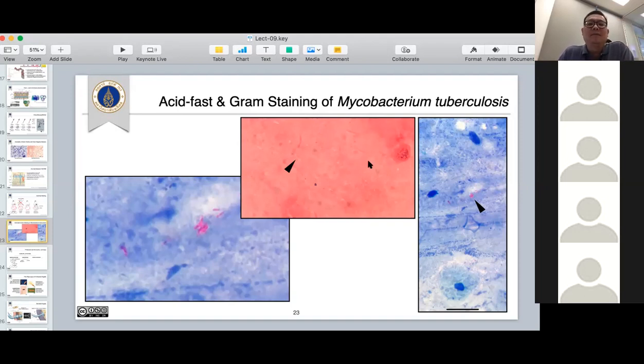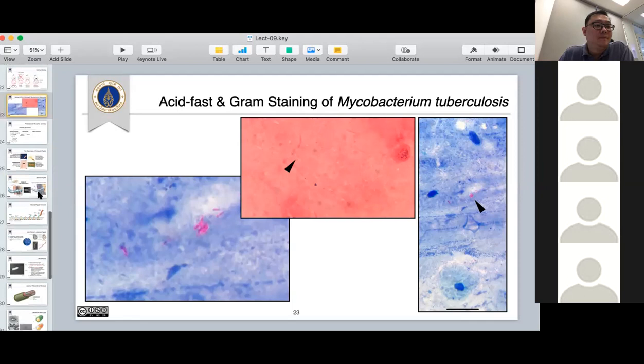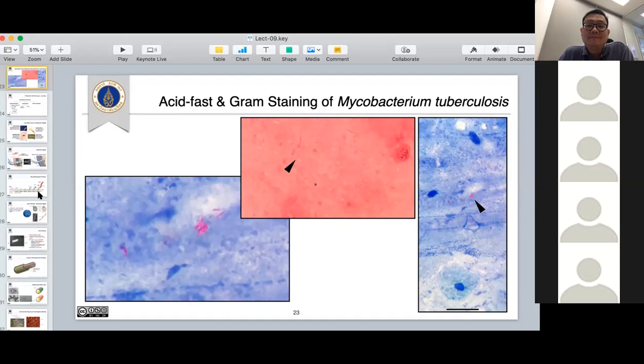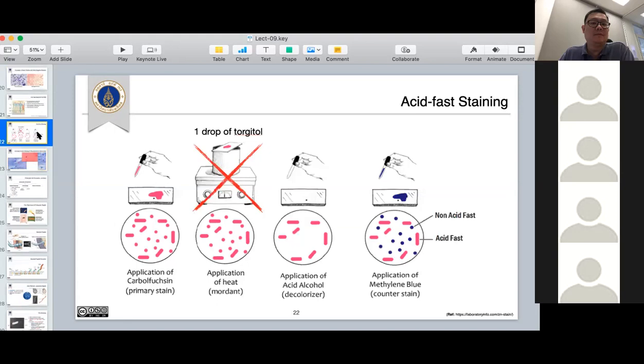Can I ask something on slide 22? I don't get it when you pour acid alcohol, what kind of bacteria decolorize. You need to know that for acid-fast staining, we don't use just culture.